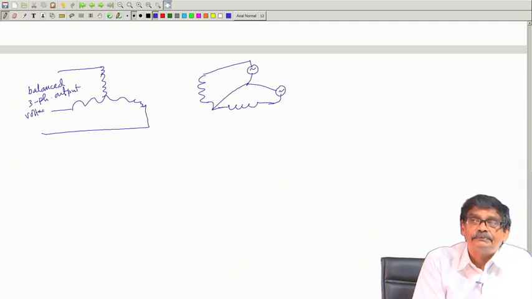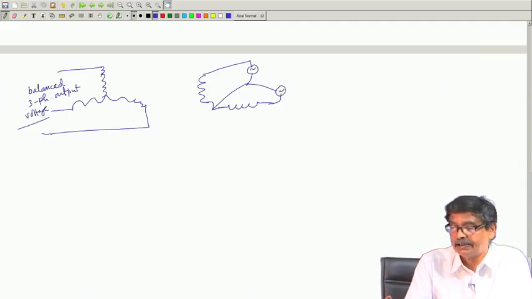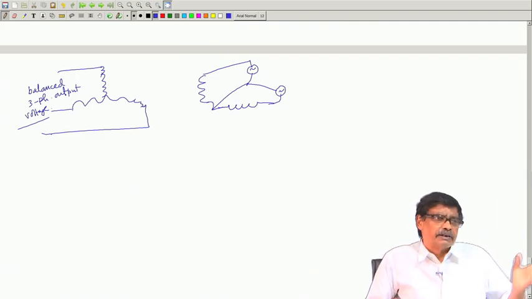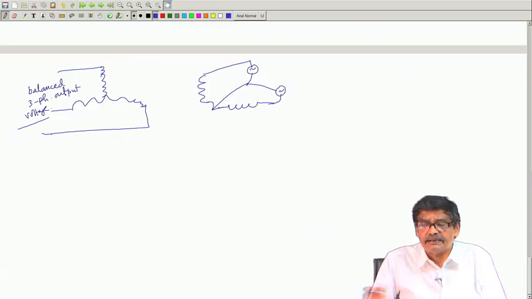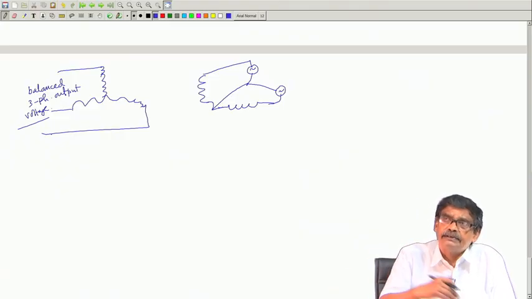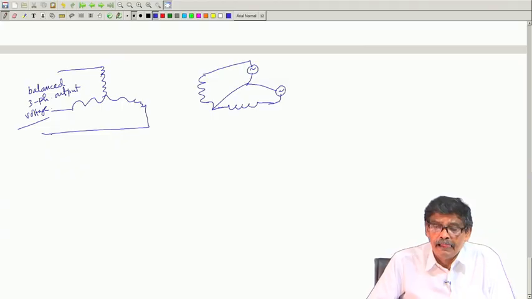Draw the phasor diagram and you will get the answer. Reverse way, because in any transformer, whether you energize the primary or the secondary side, you get something on the other side.